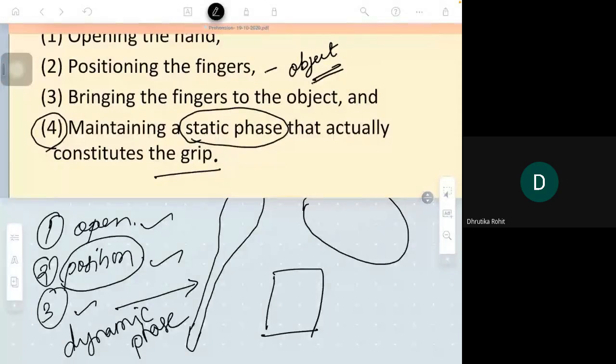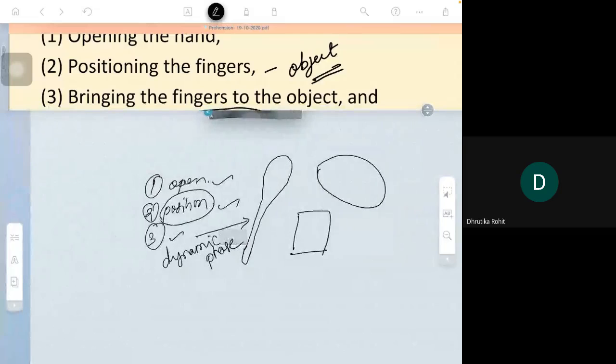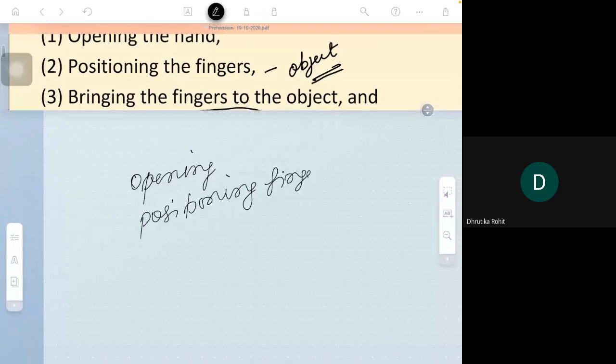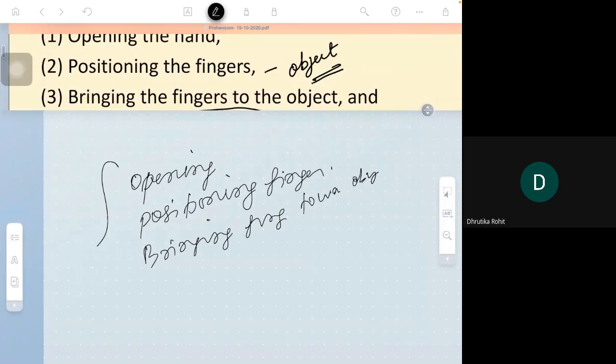Why is it called dynamic phase? Because you are opening the finger, approaching the object, positioning the fingers, and bringing the fingers towards the object. So in all these three phases, the finger position is changed. So it is called dynamic phase.